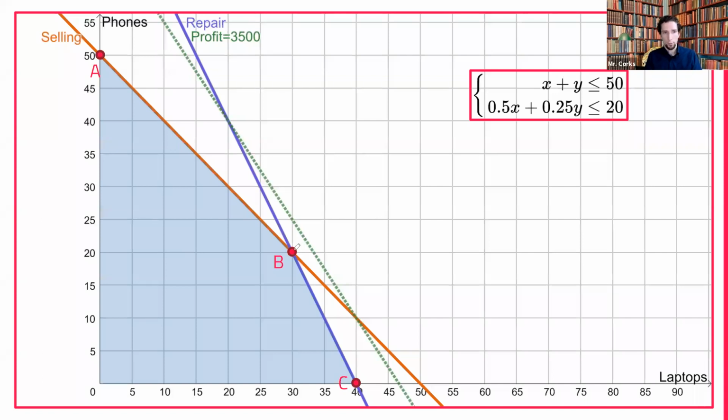And then now if we compare the distance from B to this isoprofit line and the distance between C and this isoprofit line, okay, B is closer. So B is the better point. That's the one that we want. That is how we will get our maximum profit.